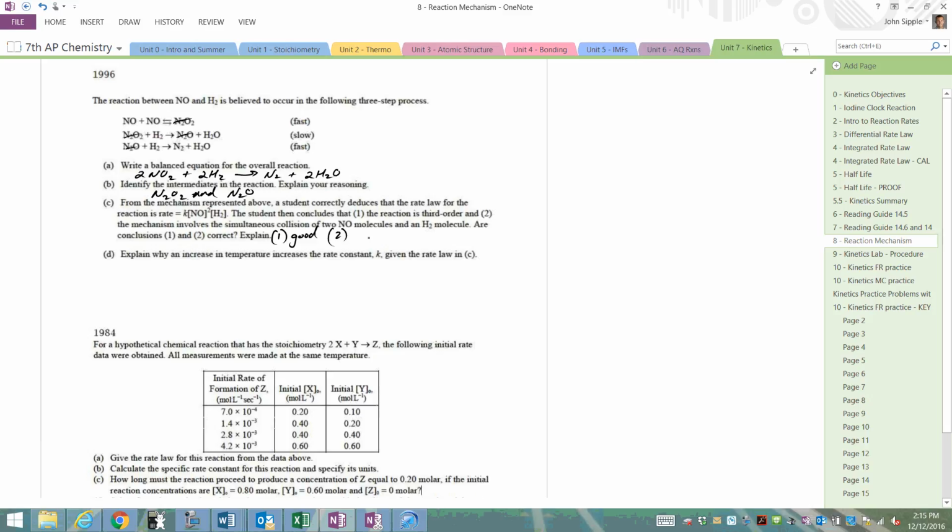It's just 1 H2. Don't get confused with that. That's the overall reaction, but the rate expression that they have is what matters. According to their mechanism, do 2 NOs and H2 all collide at once?